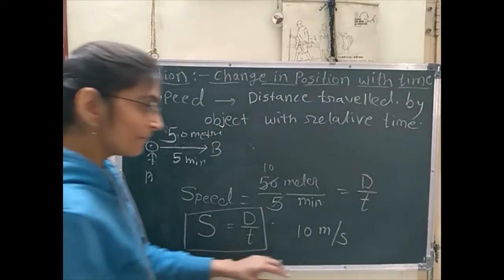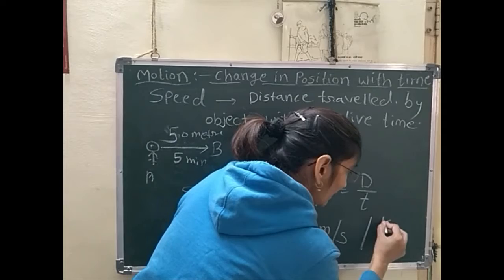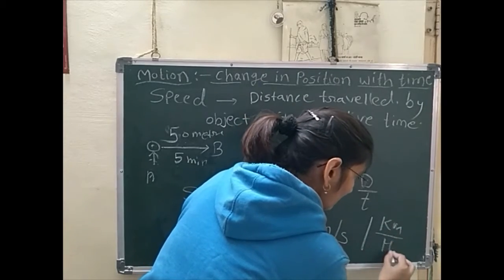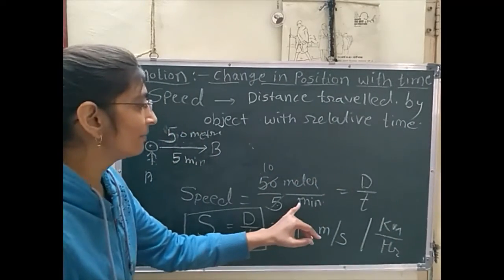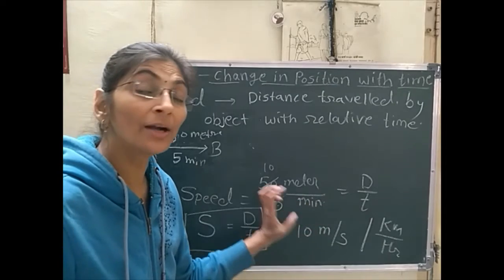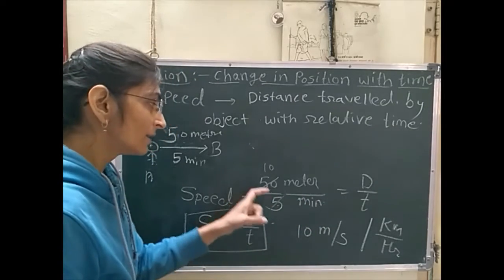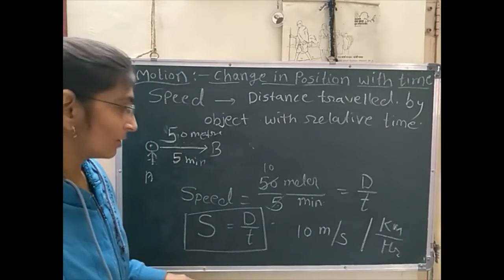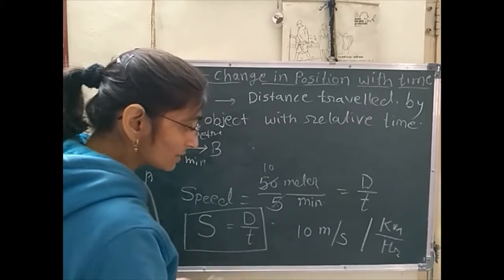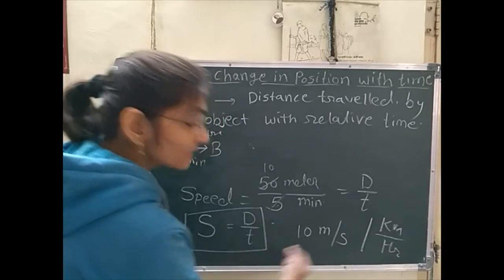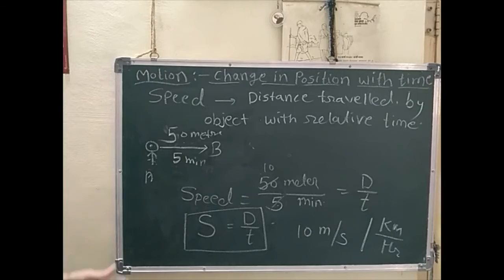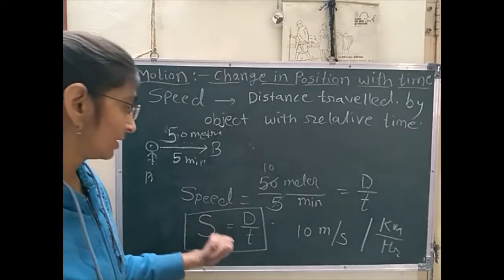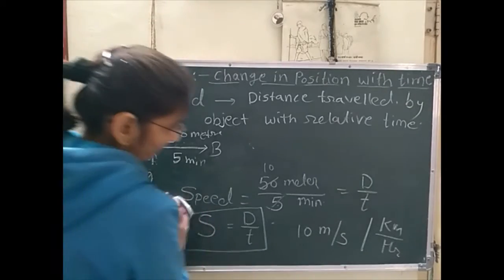The second unit is kilometer per hour. That is the standard unit. So we should convert minutes into seconds, then we can calculate it, because the unit is meter per second. So this is the unit of speed.